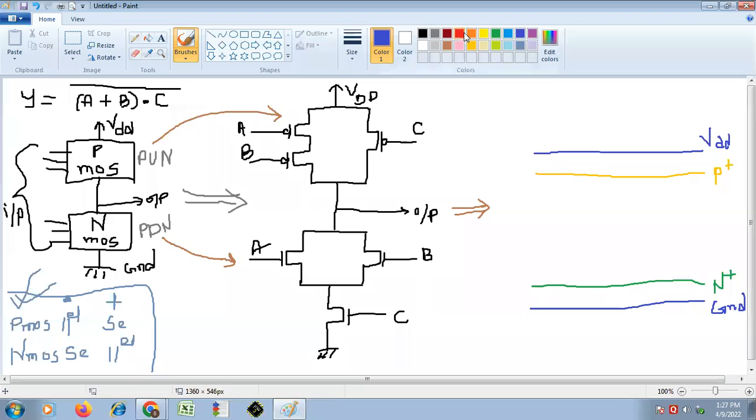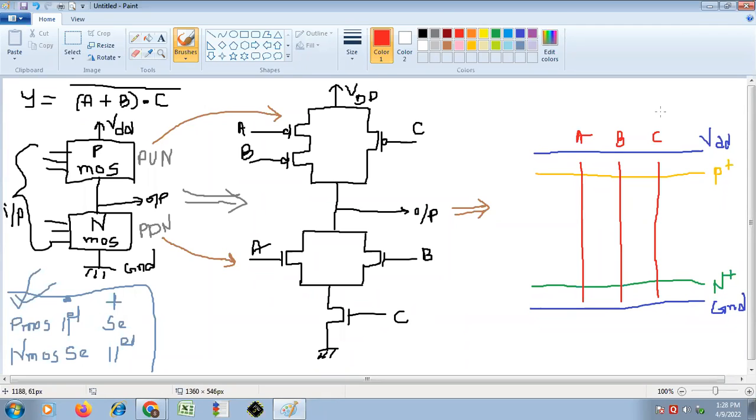Now, as we have three inputs, we have to draw A, this is B, this is C. It is A, B, and C.